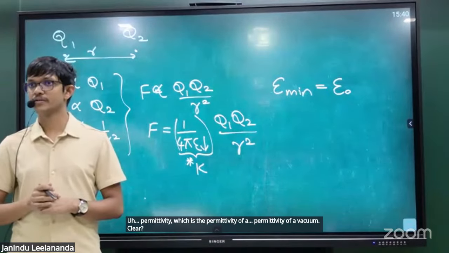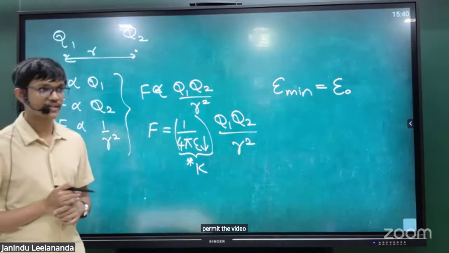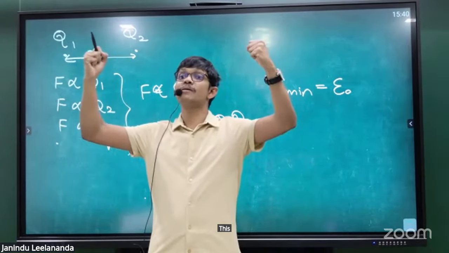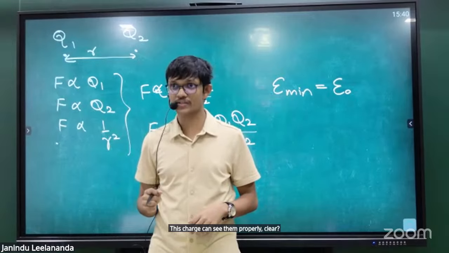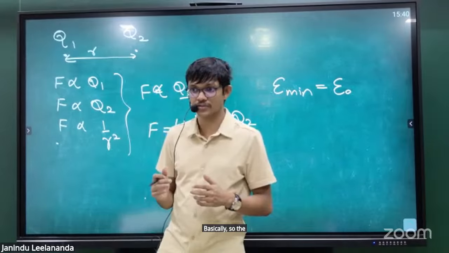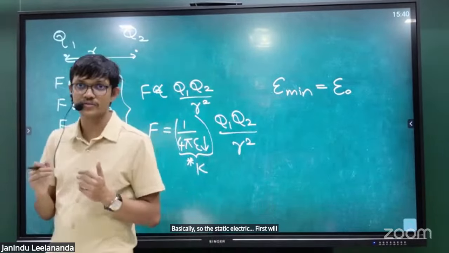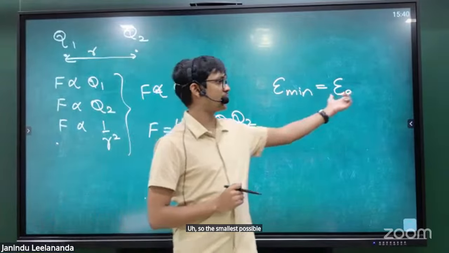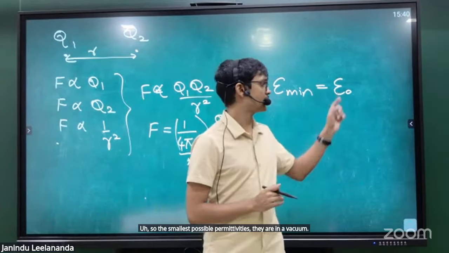In a vacuum, these charges can see each other properly. The resistance is very low, so the static electric force will be very strong. So the smallest possible permittivity is in a vacuum, and we call that epsilon naught.